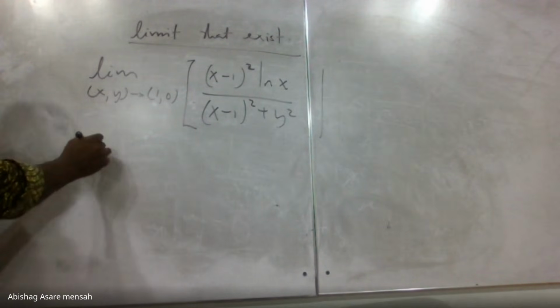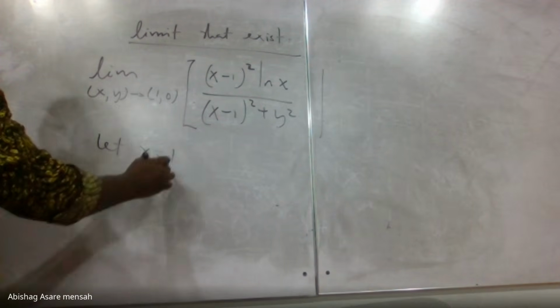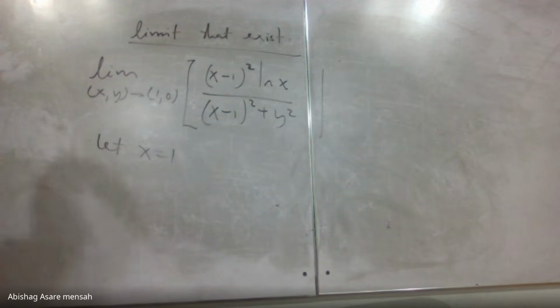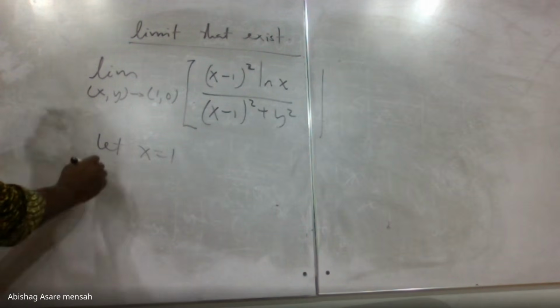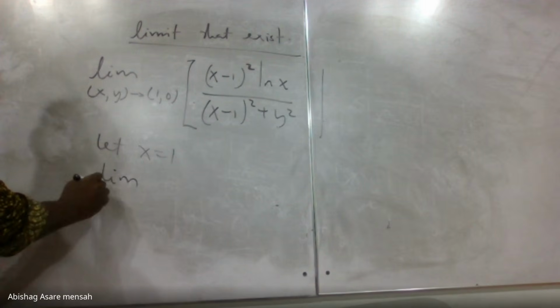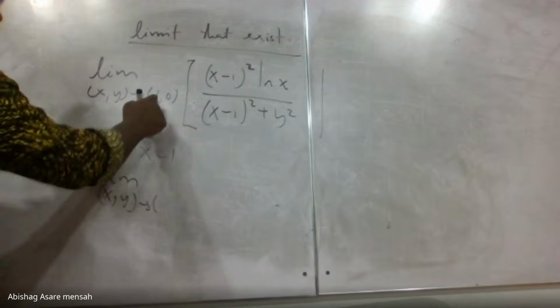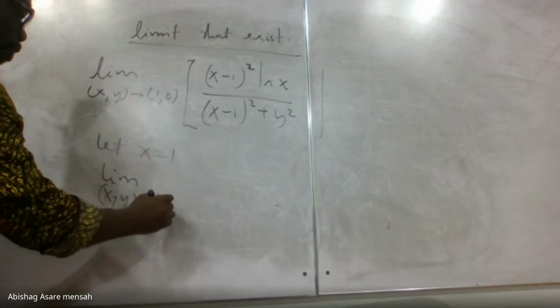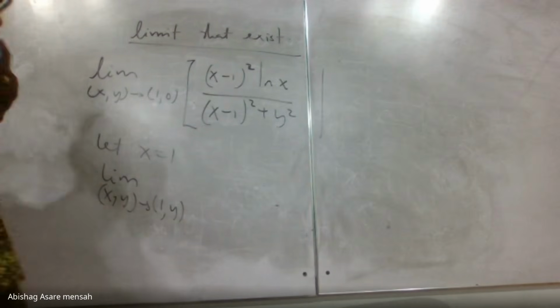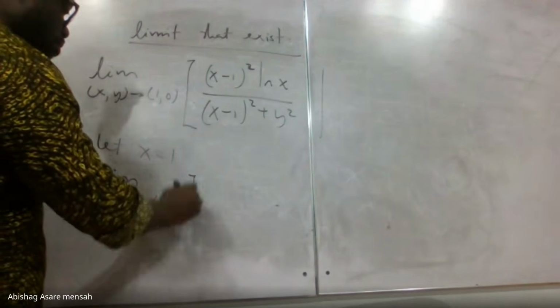So here you let x equals 1. That's the first thing you should do. If x equals 1, you have the limit as (x, y). So the x will be 1, and y you maintain.